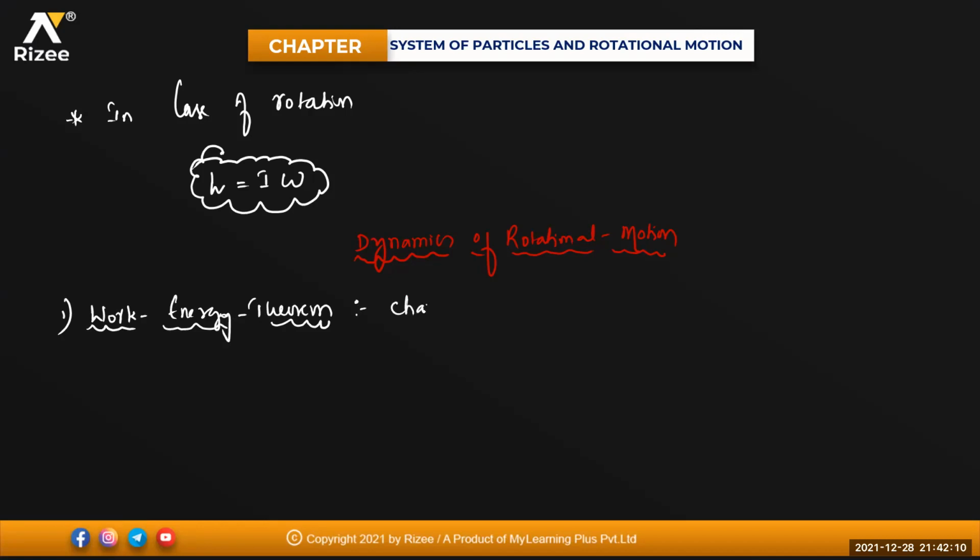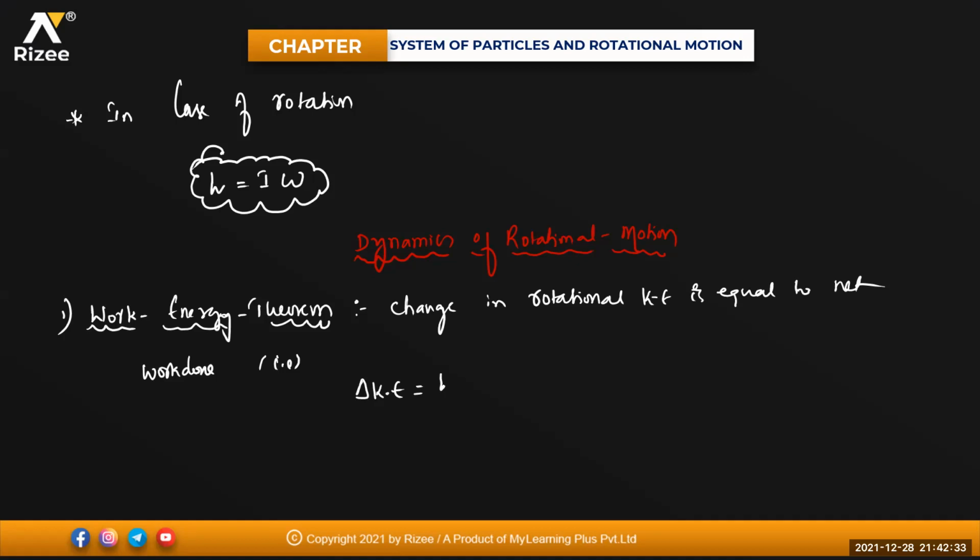Change in rotational kinetic energy is equal to the net work done on the system. That is, change in kinetic energy will be equal to net work done, isn't it?